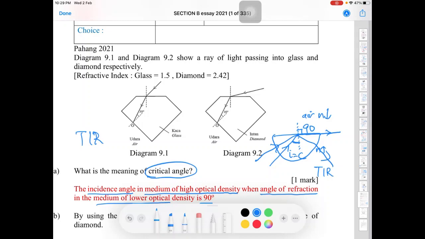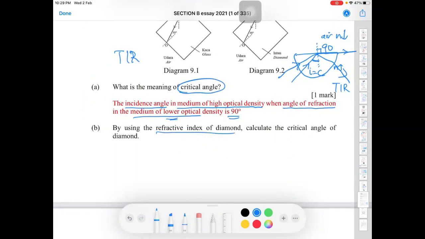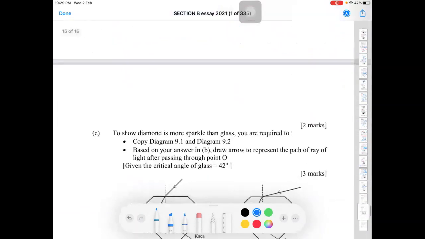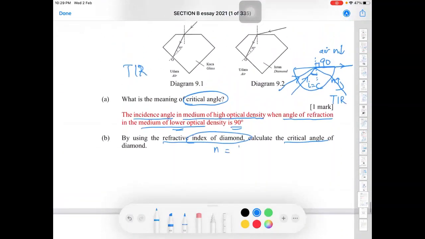Alright. So, dalam kes ini, diamond, by using the refractive index of diamond, calculate critical angle of diamond. Jadi, you nak kira critical angle. Okay? So, guna formula N equals to 1 over sin C. So, your N diamond tadi 2.42.